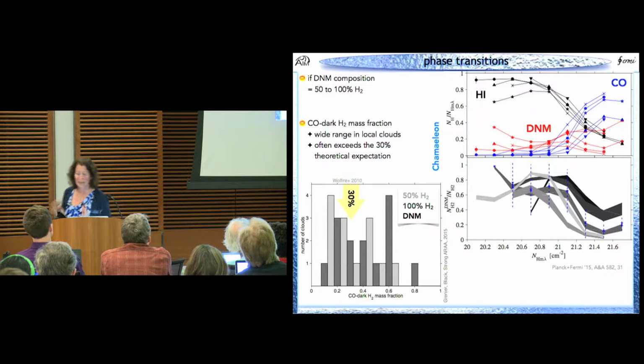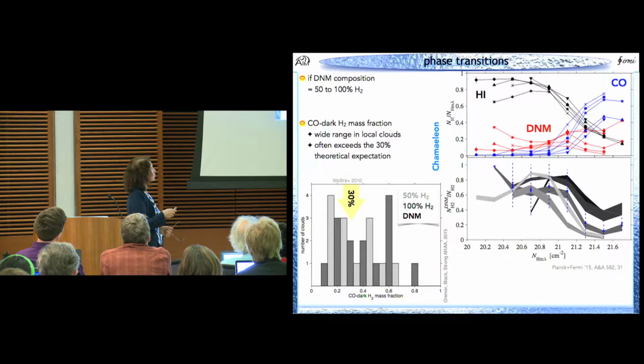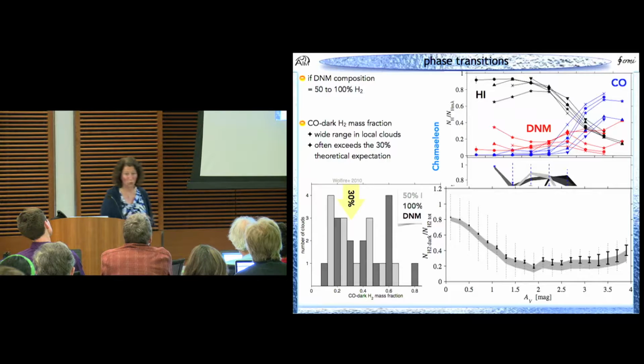Stay tuned because we're adding 8 more clouds here soon, but basically it's a broad distribution. So you have clouds where the dark neutral phase is really not much more than the prediction, but you have clouds which are really overwhelmed with this phase compared to the CO bright.